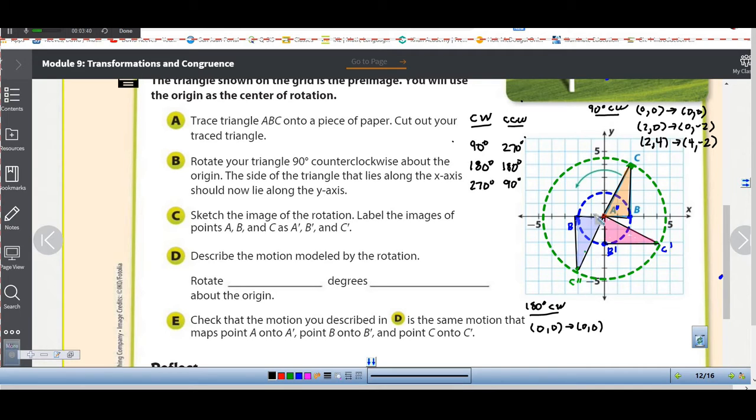All right, what about B prime? B prime again started at 2, 0, and now it's at negative 2, 0. The smaller I write, the harder it is to make it neat.